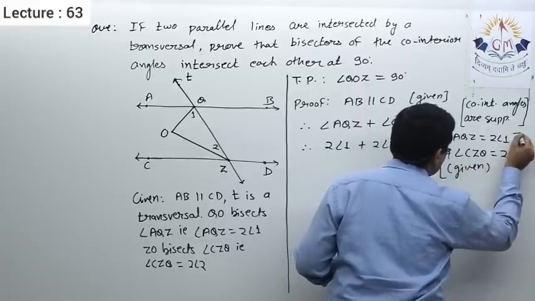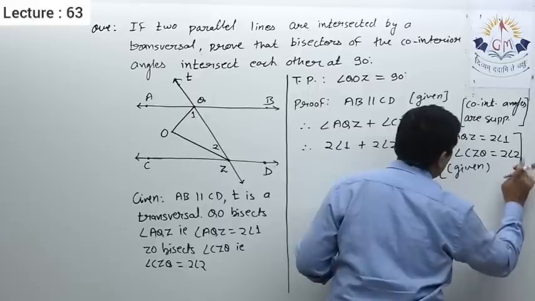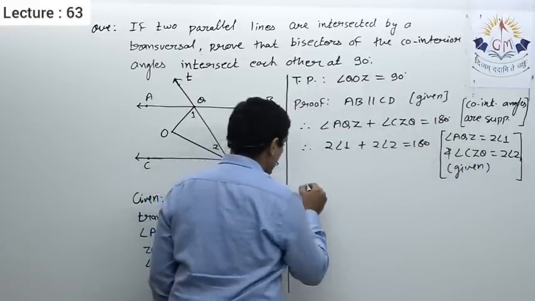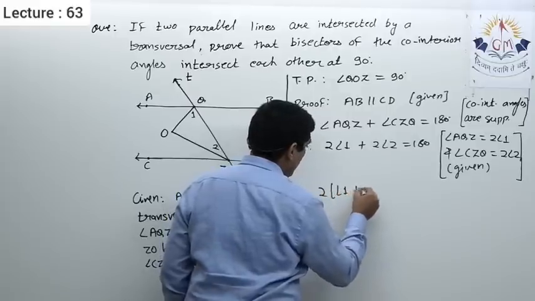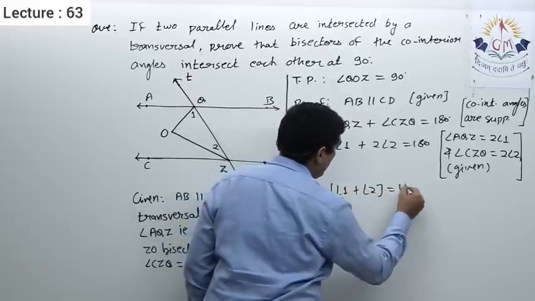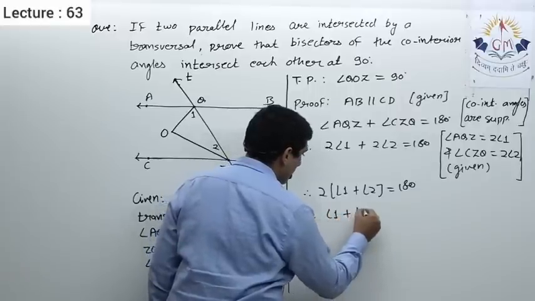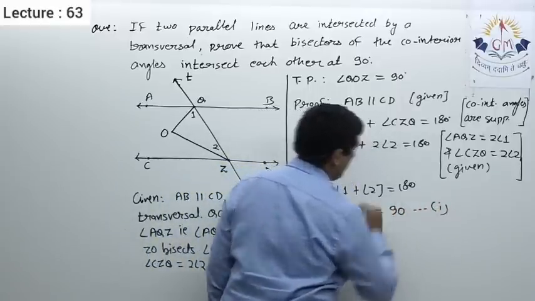Actually this is the given information, only that I wrote it in a proper way. So therefore if I take 2 common, twice of angle 1 plus angle 2 is equal to 180 degree. So angle 1 plus angle 2 is equal to 90 degree. Let this be first.